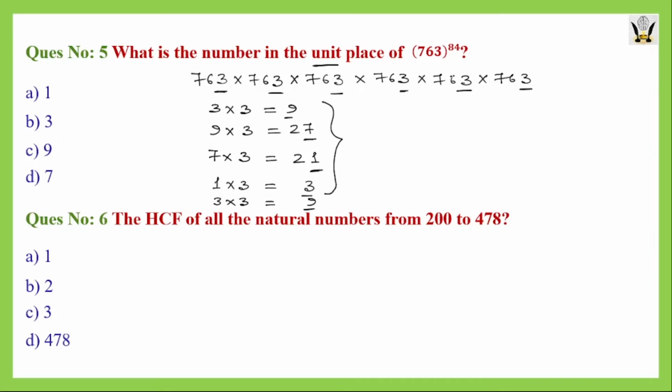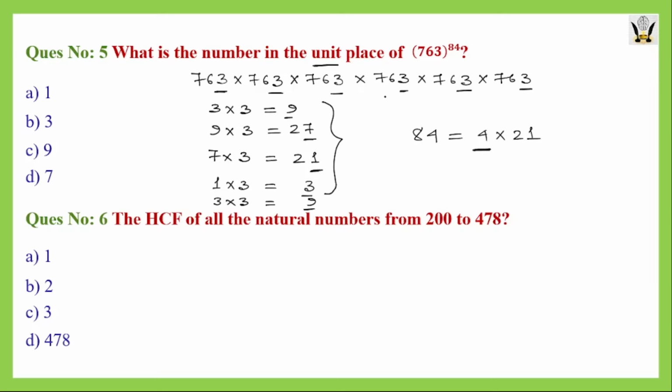So we don't need to check up to the 84th digit. We don't need to do all the multiplication because we have already come to know the pattern of what digit we will have at the units place after multiplication of each set. Now 84 is 4 multiplied by 21, which means 84 is a multiple of 4.